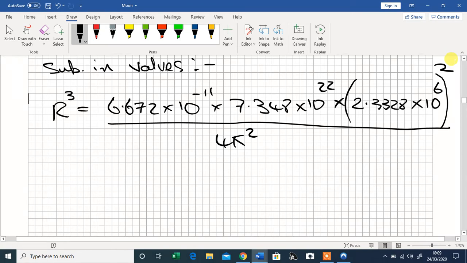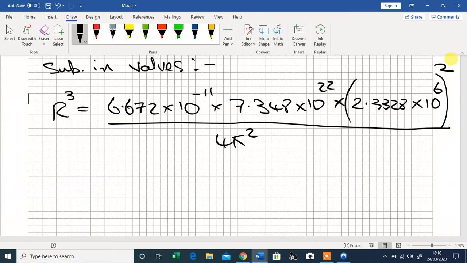So we've got 6.672 times 10 to the minus 11 times 7.348 times 10 to the power 22 times, in brackets, 2.3328 times 10 to the power 6, close bracket, and then square that term.